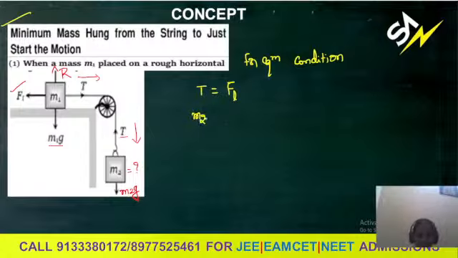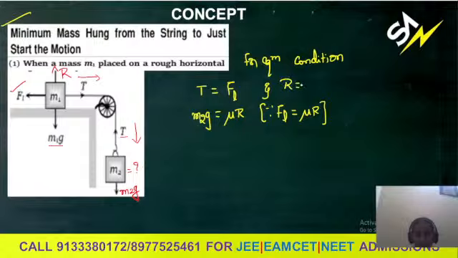So we can write M2G is equal to F, the limiting friction value. I can write it as mu R, since maximum static friction or limiting friction is equal to mu into the reaction force. For equilibrium condition, T is equal to Fl and reaction force is equal to, sorry, M1G. The reaction force is balanced by the weight of the mass M1.